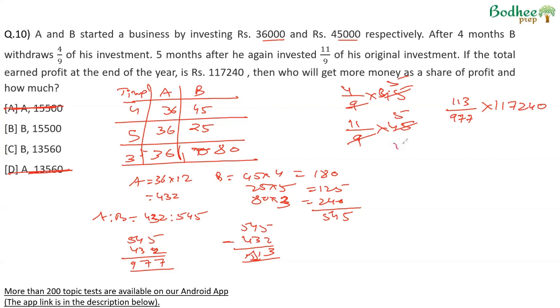If we try to divide 117240 by 977, 977 ones are 977, 977 into 2 will be 1954.